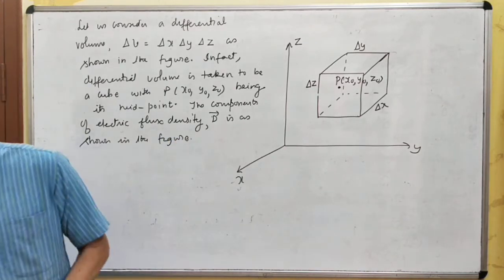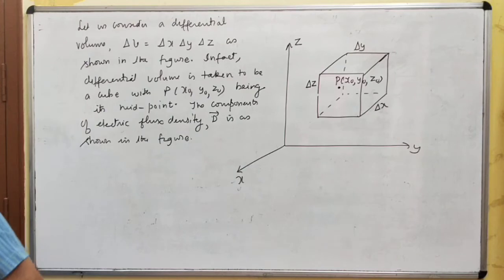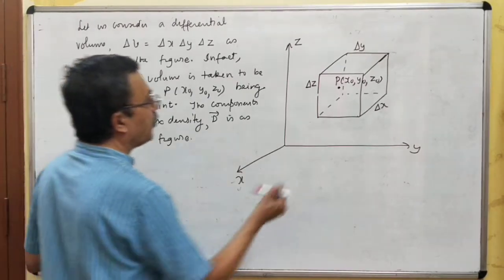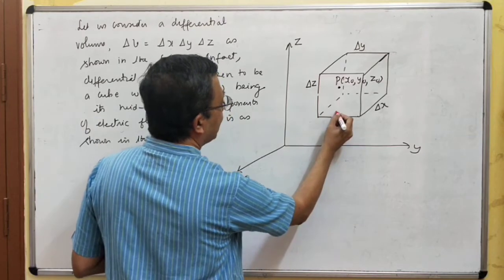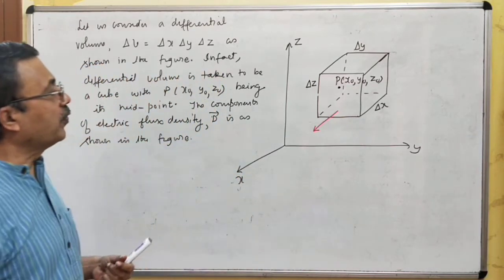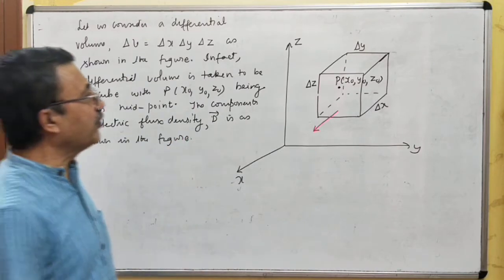I'll write the components. First I'll take the front face. This is the front face. This is the component perpendicular to front face. It is coming out of the front face.